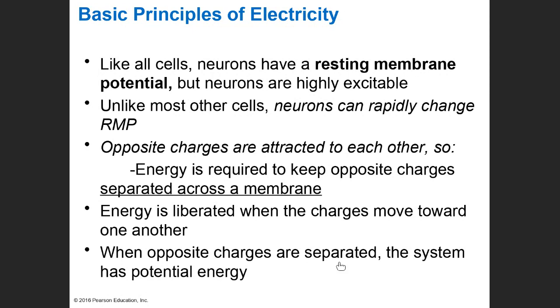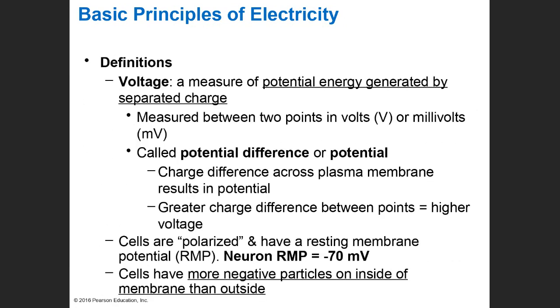That means this system has a potential energy. It has the potential to release energy when the charges start moving towards each other, or when the charges start moving across the membrane. So potential really just refers to the fact that we have opposite charges on either side of the membrane.